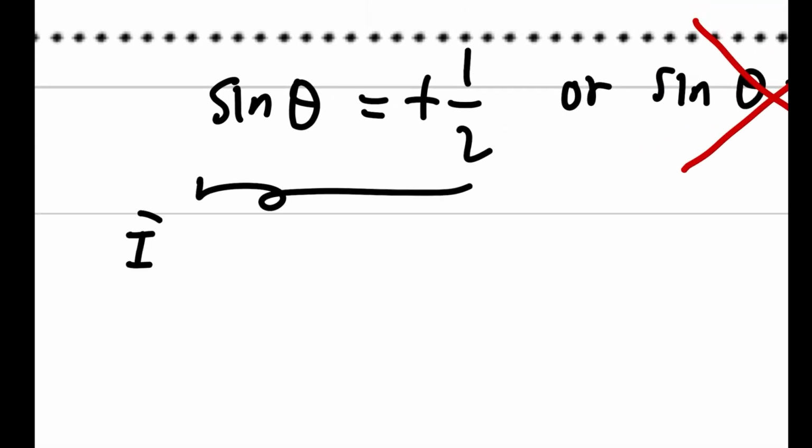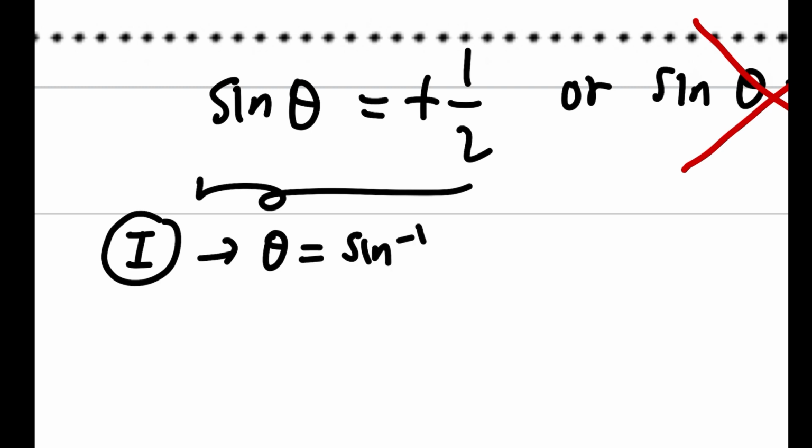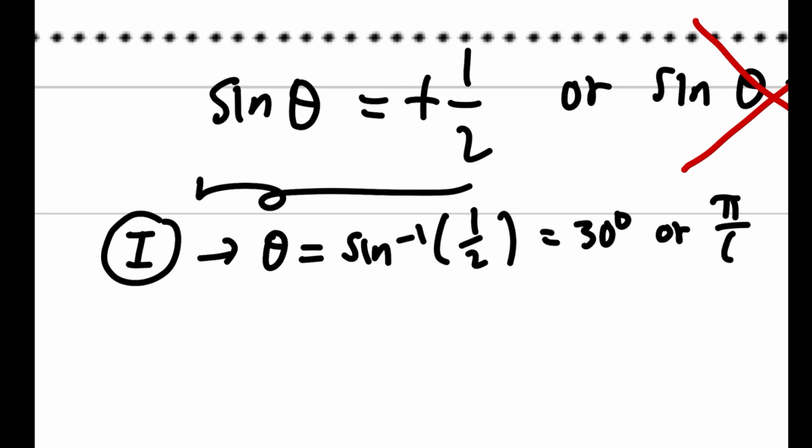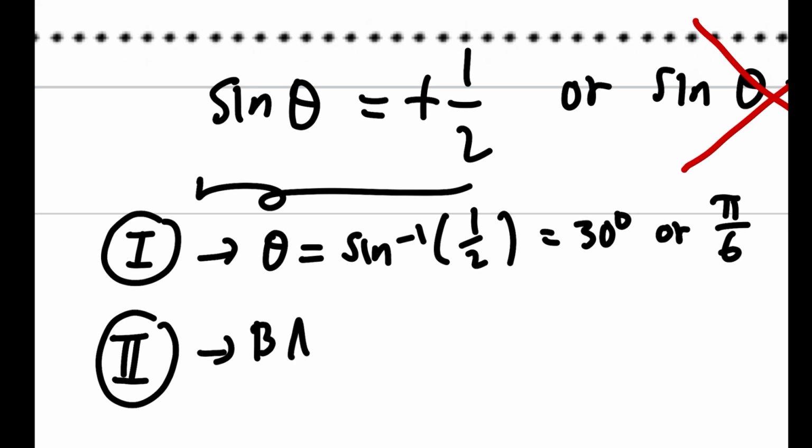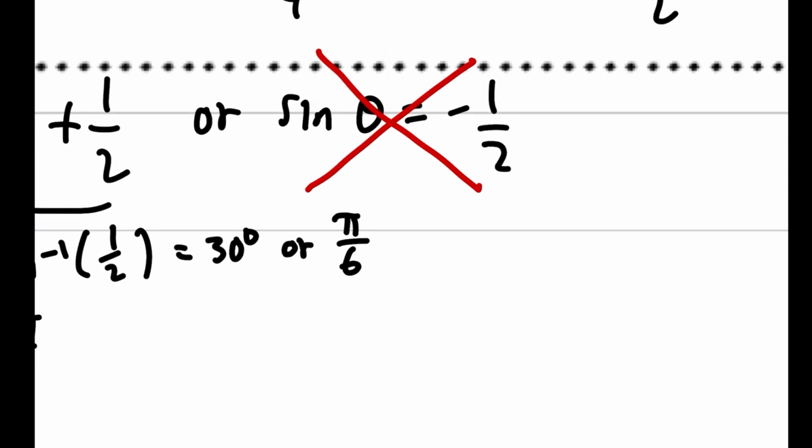From the first quadrant, we get theta equals to sine inverse half. You can use calculator to give you 30 degree or pi over 6. And for the second quadrant, you can use the basic angle. Our basic angle is pi over 6, so this is our basic angle, 30 degree.